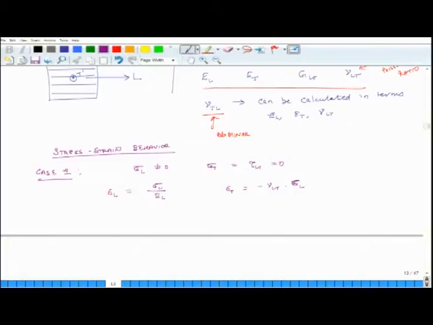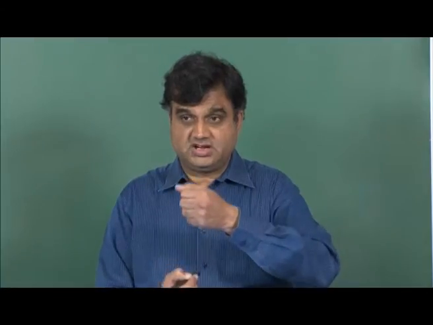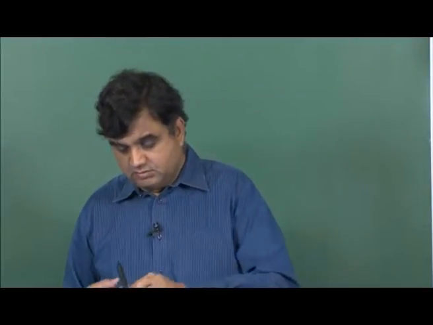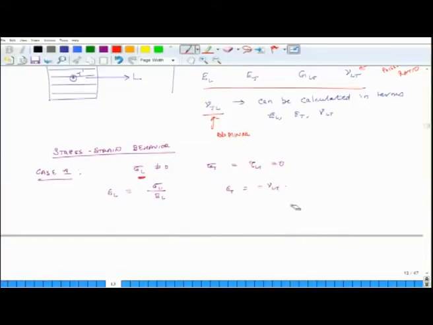Direction of loading is the L direction. And the second subscript tells us the strain direction. So, strain is happening in the transverse direction because it is shrinking. So, epsilon T equals negative of mu LT times epsilon L.